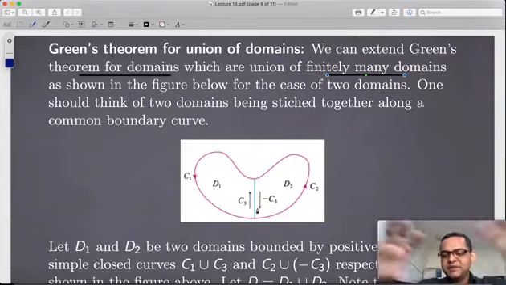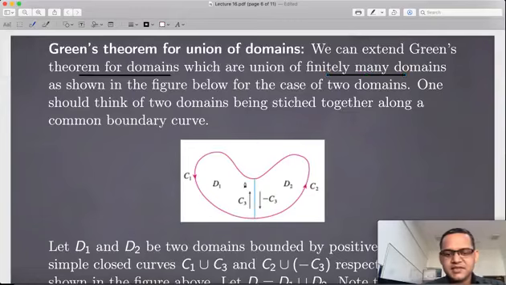If you put them separate, then there is no point of talking about Green's theorem over the union, correct? They have to give you a nice domain, because if they are disjoint without any common boundary, then there is absolutely no point.